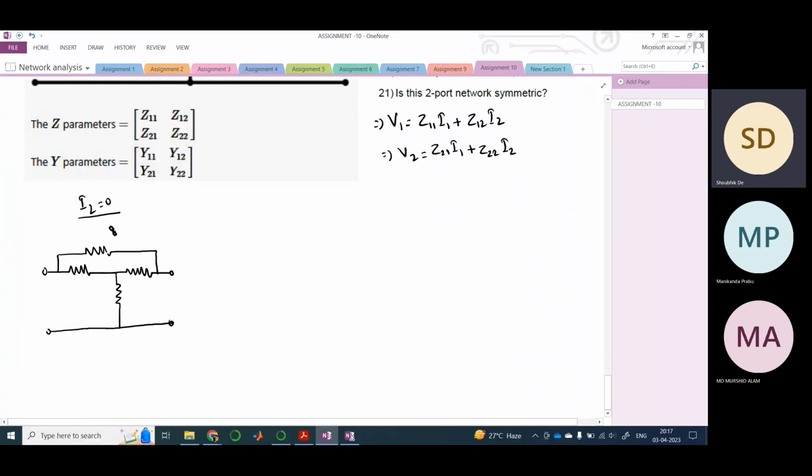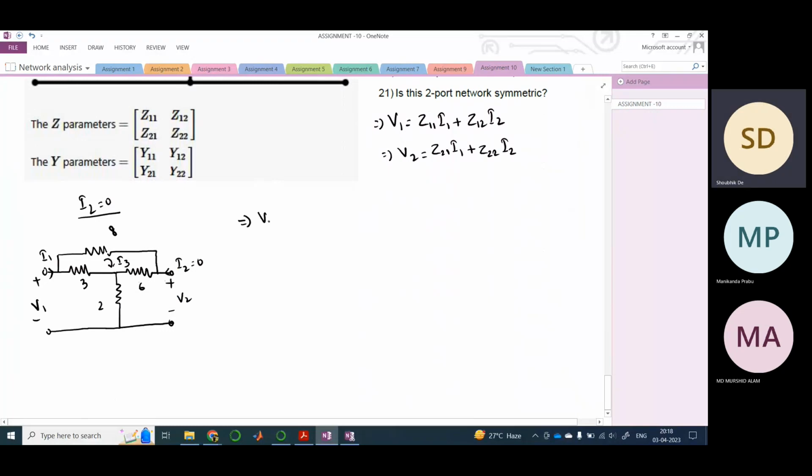So this is 8, this is 3, this is 2, this is 6, that is V2, I2 is 0, this is I1 and this is V1. Now let us consider that this is I3 because this is a mesh. We need to apply KVL in these two meshes. This is a simple problem, but slightly lengthy, nothing else.